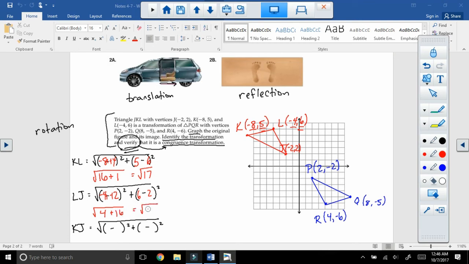So this is going to be the square root of 20. And for this last case, I have -8 minus -2, adding the opposite, and 5 minus 2. So this one is -6 squared, which is 36, and 3 squared, which is 9. And this is the square root of 45.